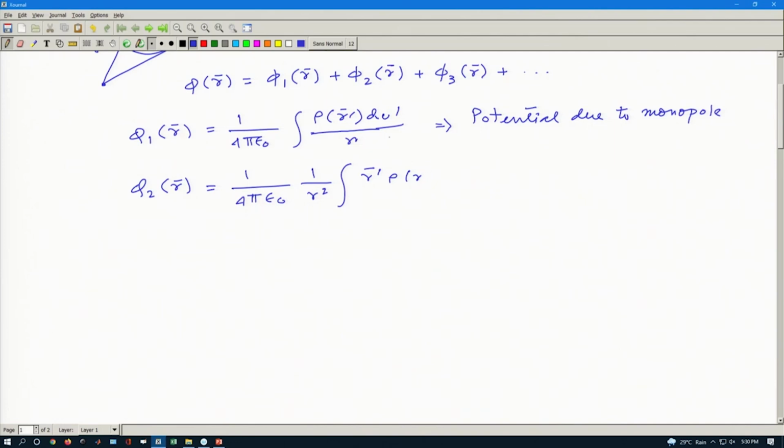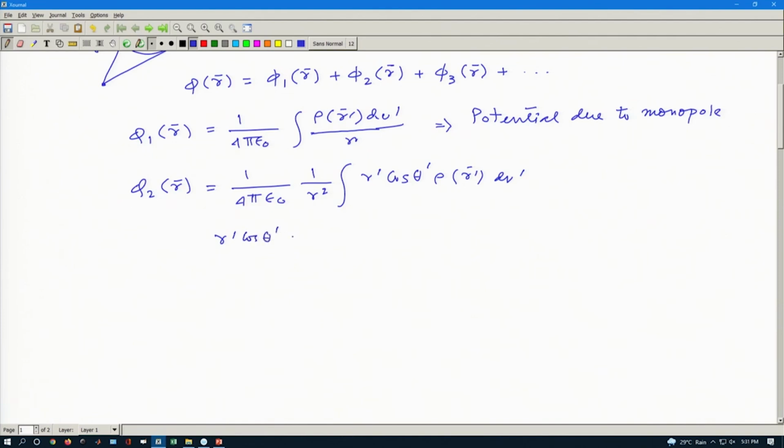Not unit vector r, there is a cos term. So, let me write down that first. It was r cos theta prime and rho r prime dV prime.